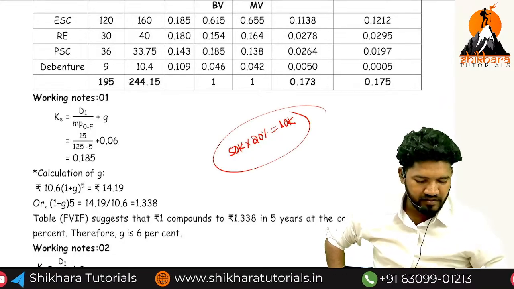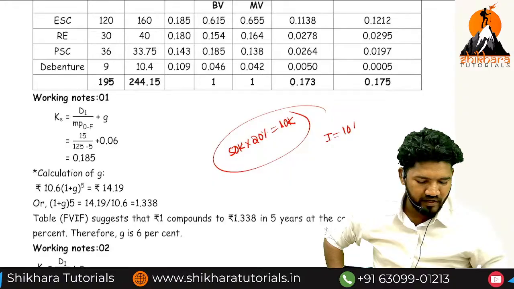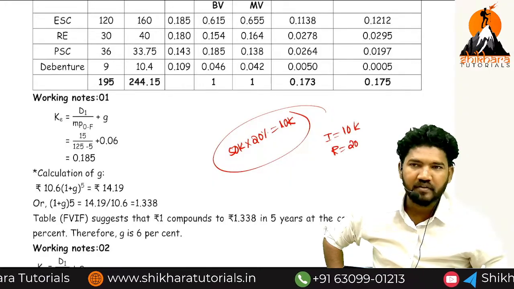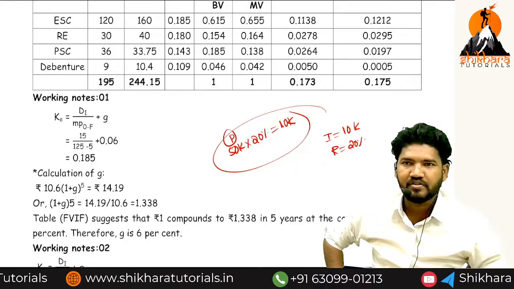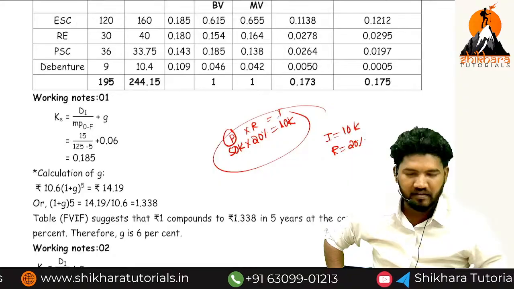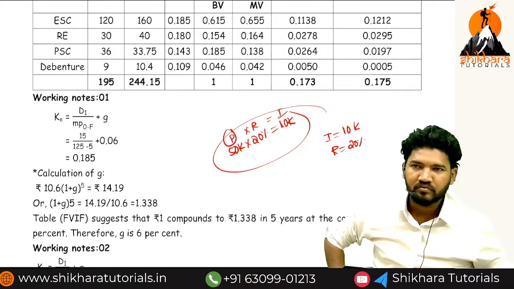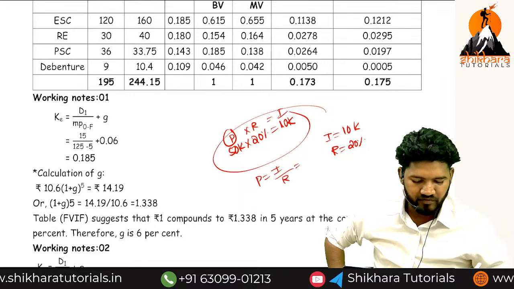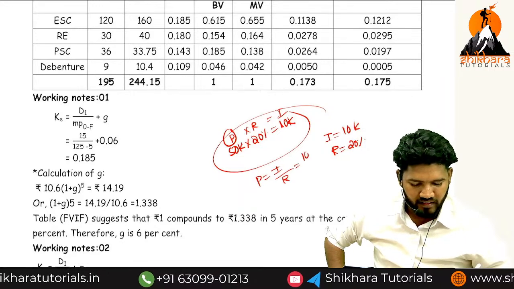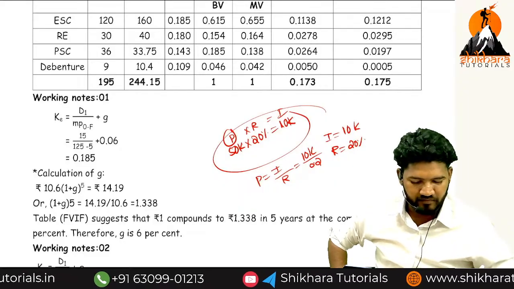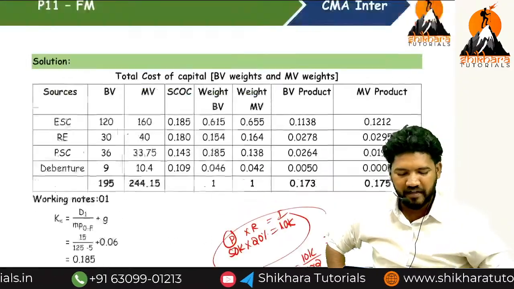What I am saying is, interest equals 10,000 rupees, rate equals 20%. Now I want the principal. Shuffle the formula: principal into rate equals interest, so principal equals interest divided by rate. Interest 10,000, rate 0.2. That only I applied here.